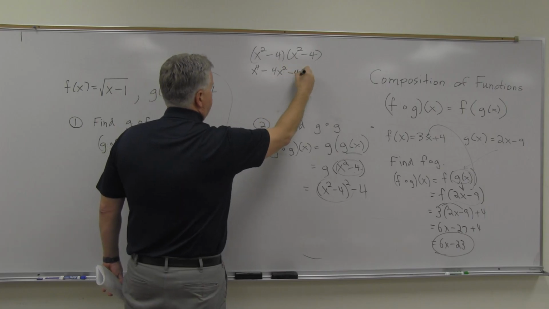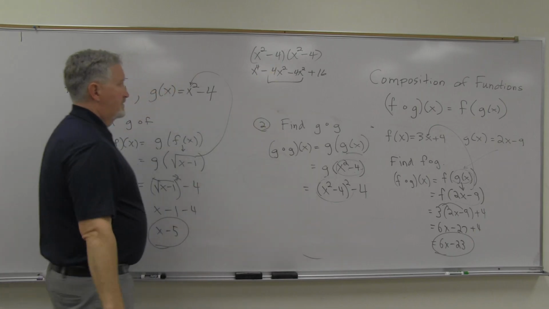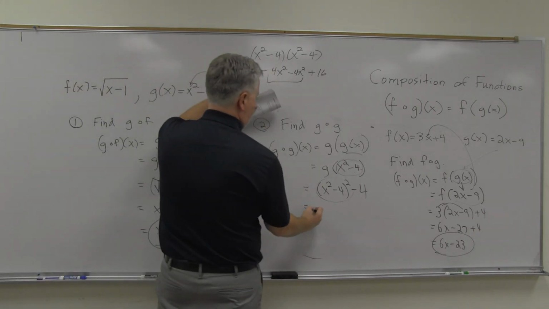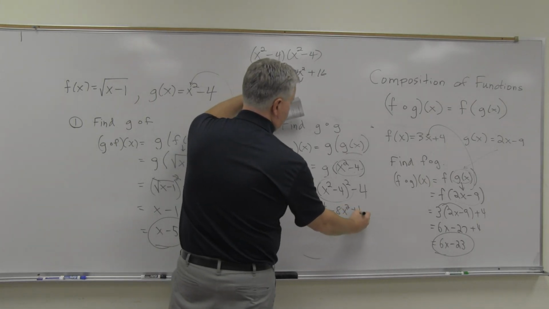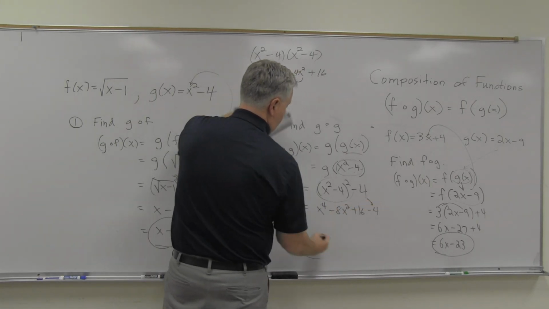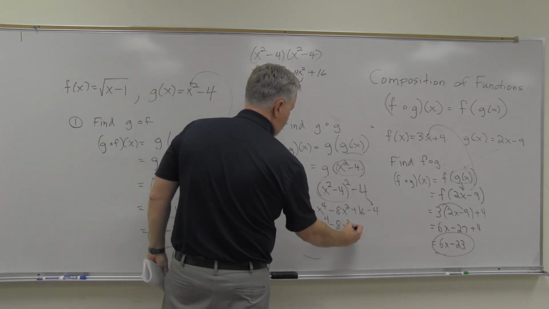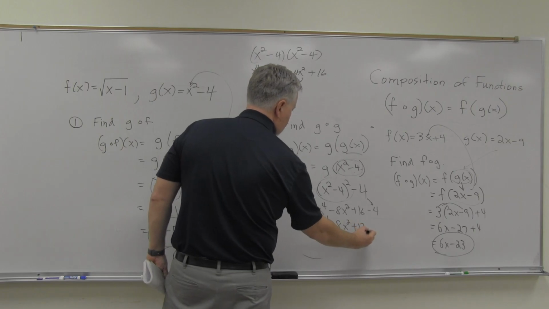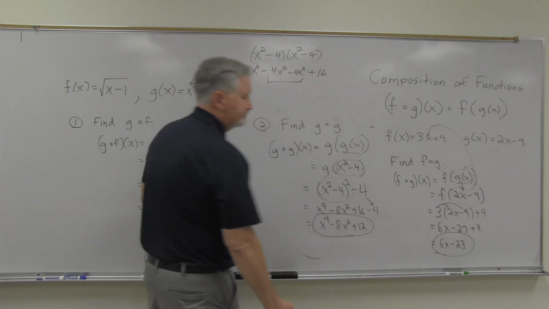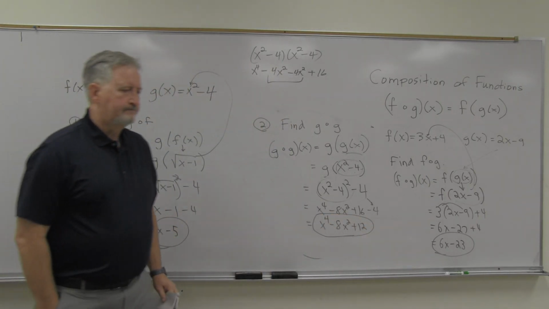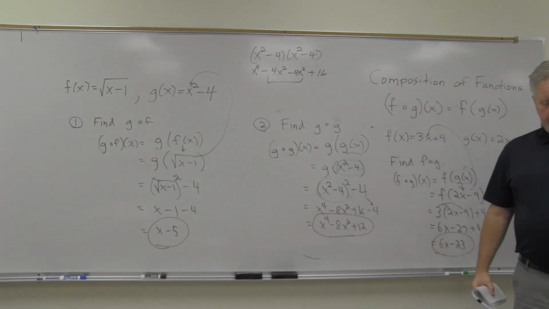You have another minus 4x squared, and then minus 4 times minus 4 is 16. So 2 in the middle, so we got x to the 4th minus 8x squared plus 16, and then don't forget the minus 4 there. So it does simplify down to x to the 4th minus 8x squared plus 12. That's what I'm getting. Anybody believe that? Any questions there?